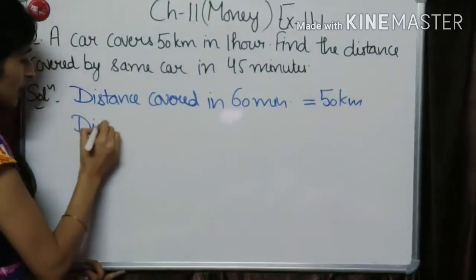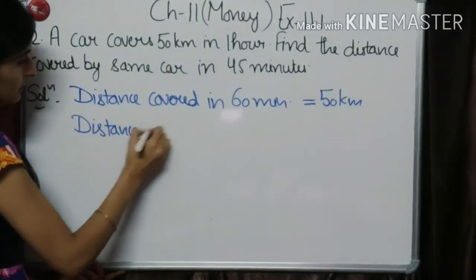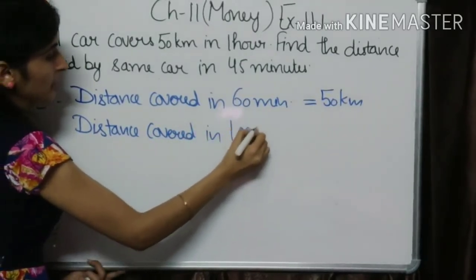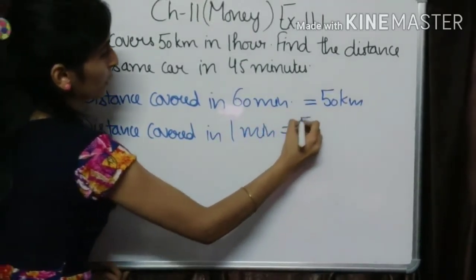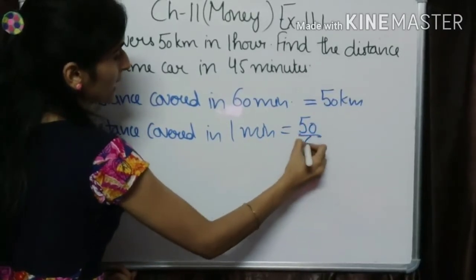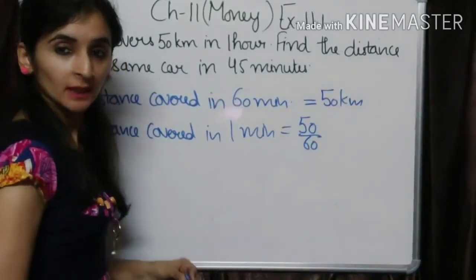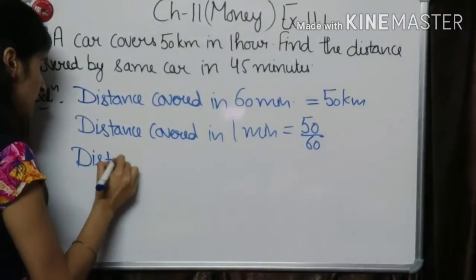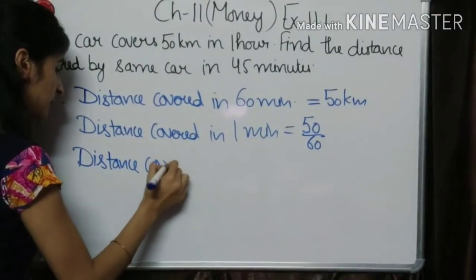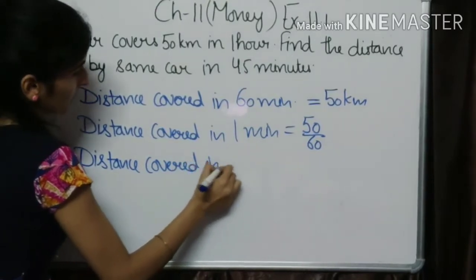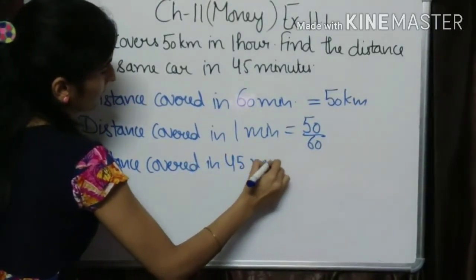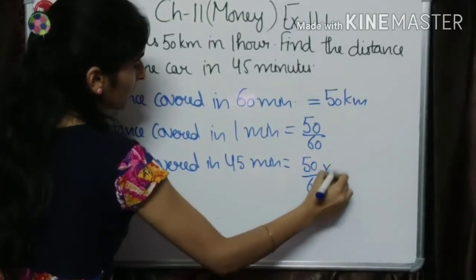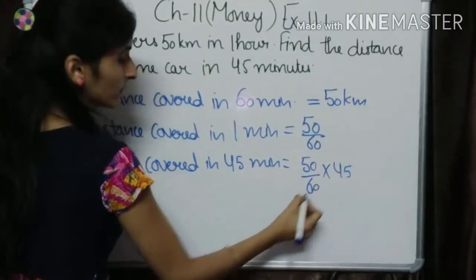So the distance covered in 1 minute will be equal to 50 divided by 60, right? Then the distance covered in 45 minutes will be equal to 50 divided by 60 multiplied by 45.